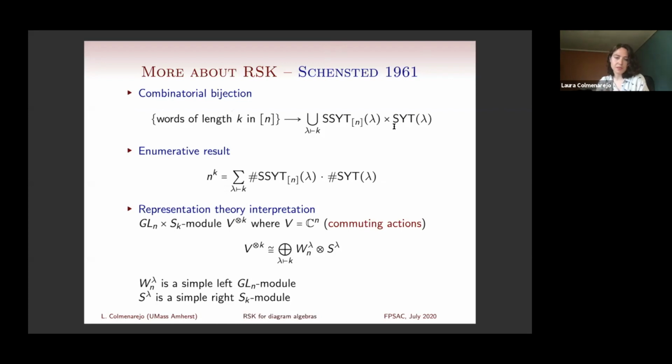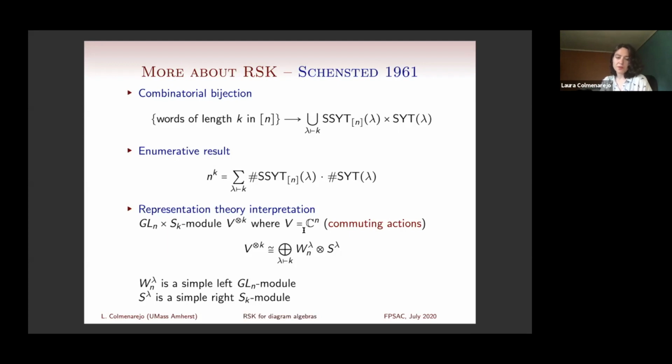Since this is a one-to-one correspondence, we have an enumerative result that says that n to the k, which is the number of words that I'm considering in this set, is equal to the sum over the partitions of k of the number of semi-standard Young tableaux times the number of standard Young tableaux that I was considering. And this enumerative result is related to representation theory.